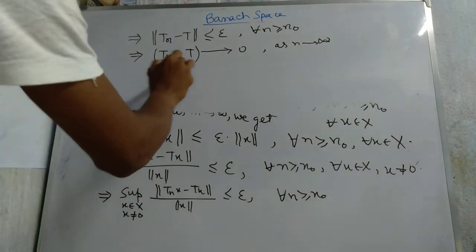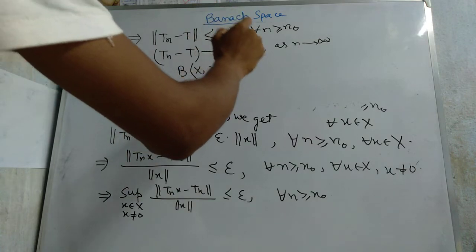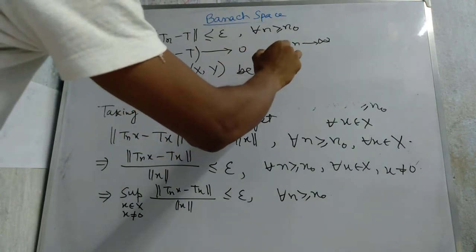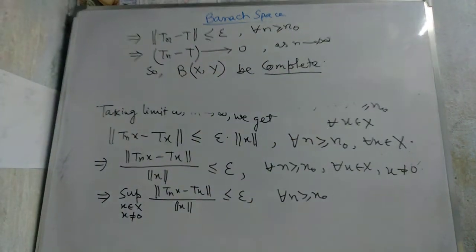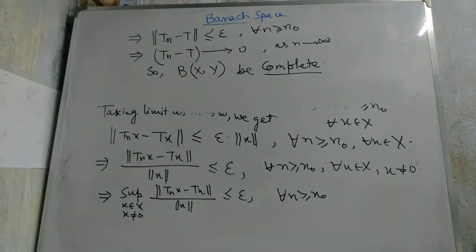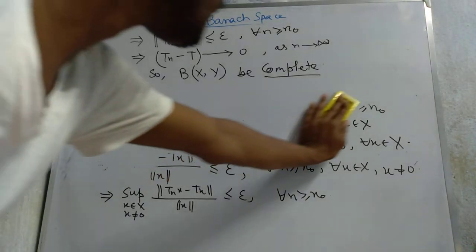So what we get? We get B(X,Y) is complete. That means we take a Cauchy sequence Tₙ and we show that Tₙ converges to T where T belongs to B(X,Y) and Tₙ belongs to B(X,Y). So we do this problem.